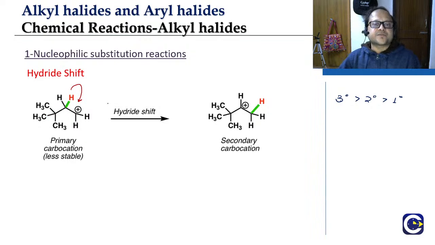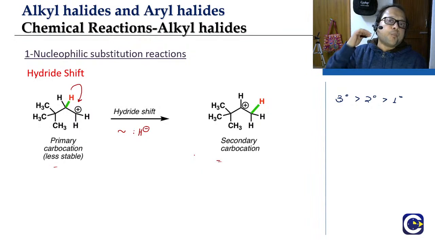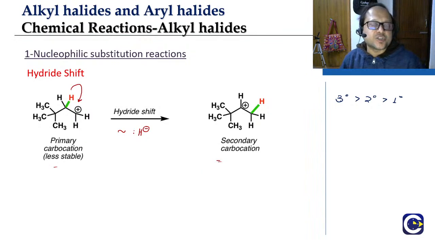So this transfer is a hydride shift, which we also denote like this. This is a sign of your hydride shift, and this hydrogen shifted from the second position to the third position, generating a positive charge here. So from a primary carbocation you obtain a secondary carbocation, which is more stable in nature, right?